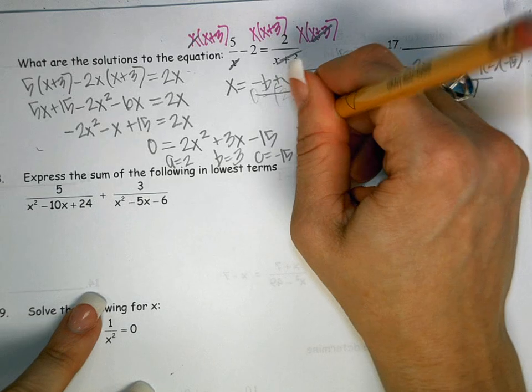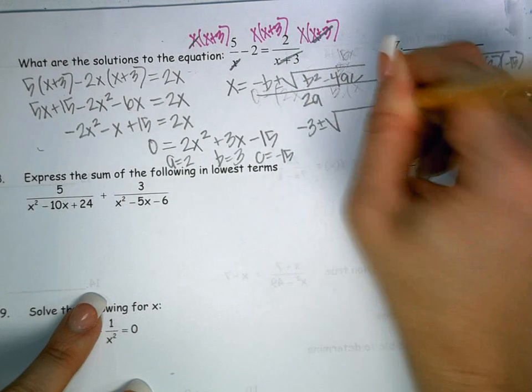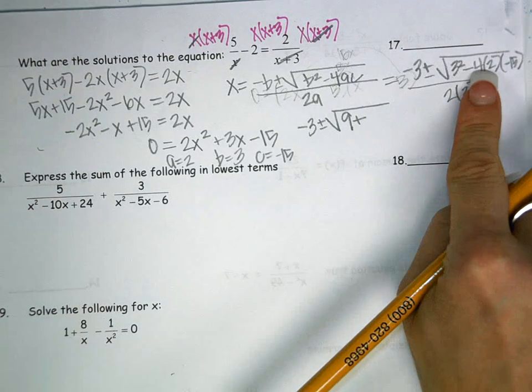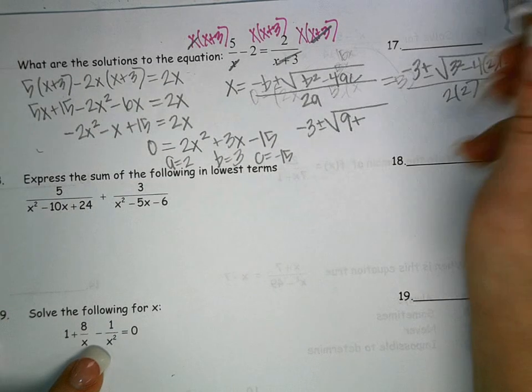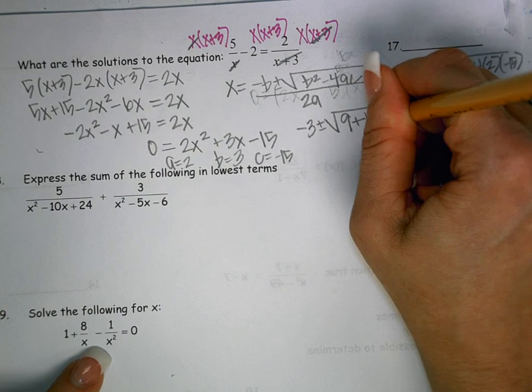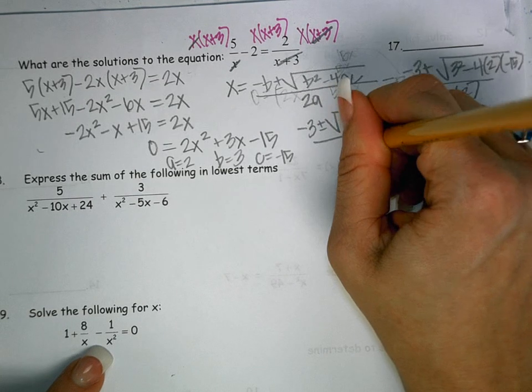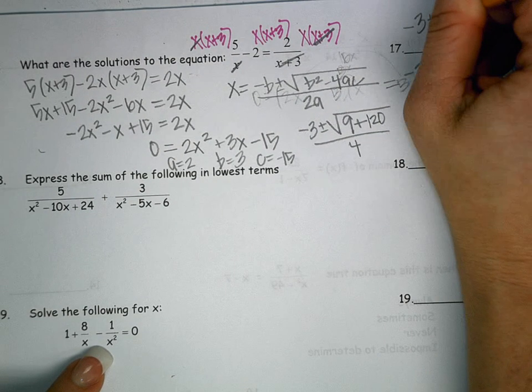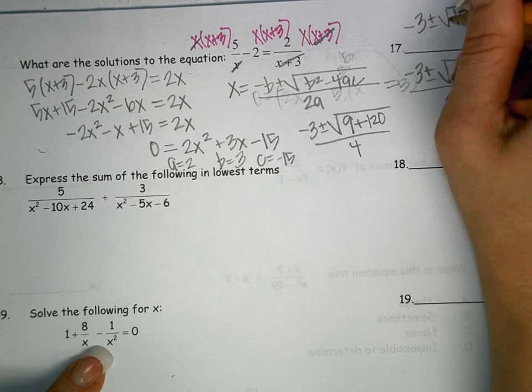So that's negative 3 plus or minus root 9, negative 4 times 2 times negative 15 is plus 120, over 4. So that simplifies to negative 3 plus or minus root 129 over 4.